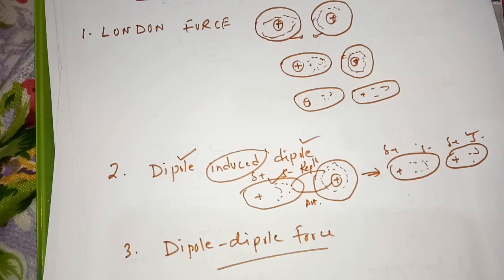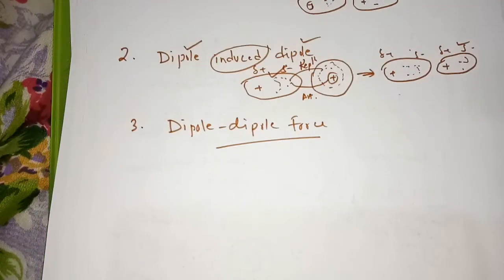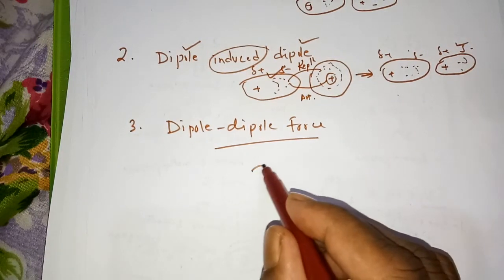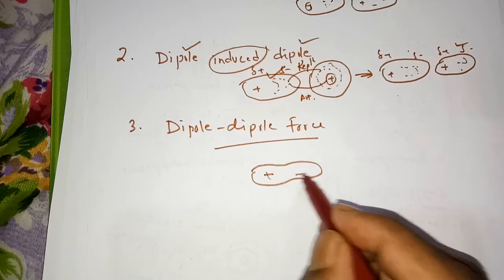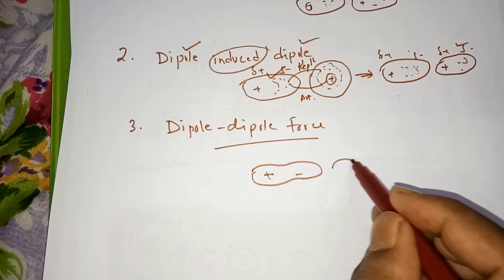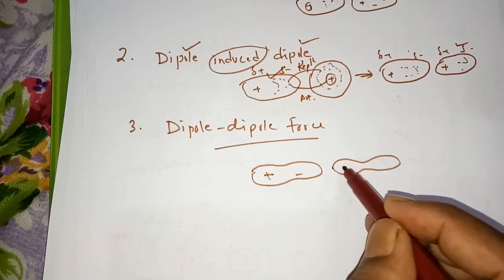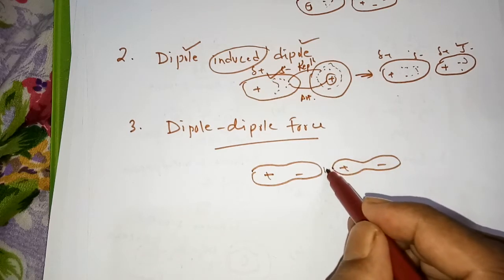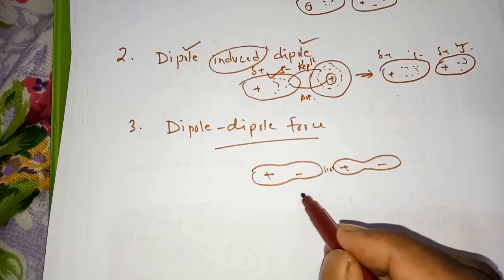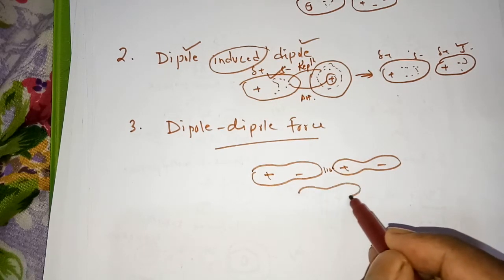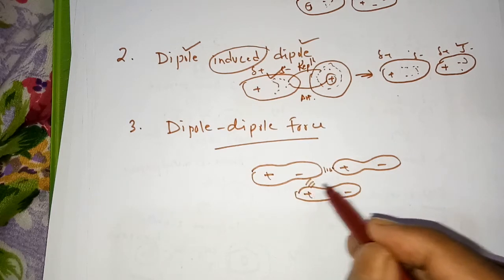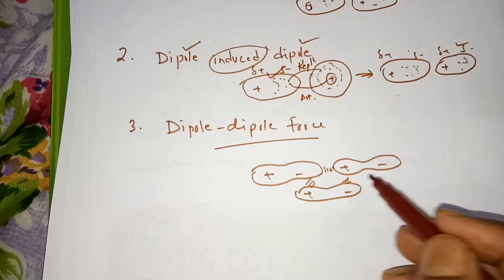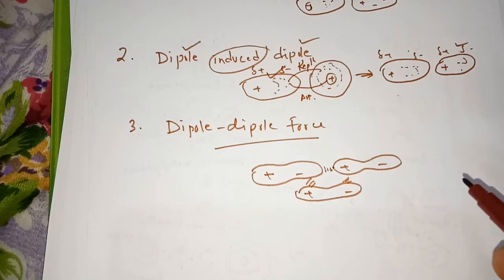In this one, a dipolar molecule and another dipolar molecule. There is always a strong force between dipolar molecules. Another dipole molecule you can draw like that. There is always a force that exists between them. This is called dipole dipole force.